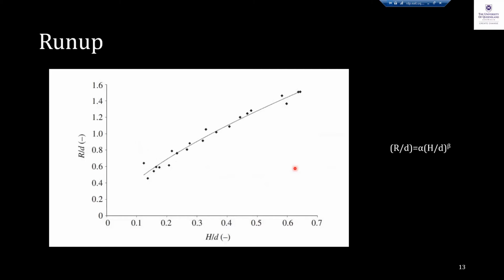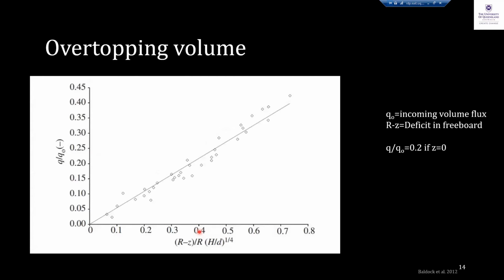It was found that the run-up, which is on the y-axis, increases with the wave height, which is quite straightforward. And the overtopping volume, which is the volume on top of the beach, is directly proportional to the deficit in freeboard, which is R minus Z in this case.